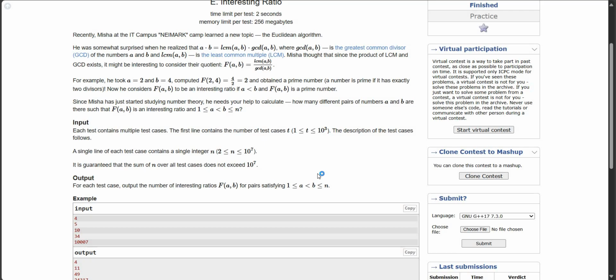The number n might be bigger, it's 10 to the power 7, but up until 10 to the power 7, you are not going to get a huge number of prime numbers. The prime numbers frequency is not that big within this limit. So that's a point in our favor.